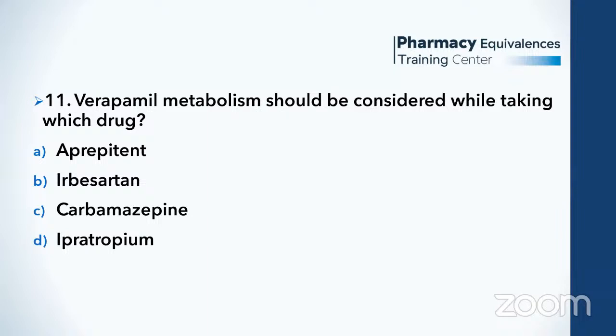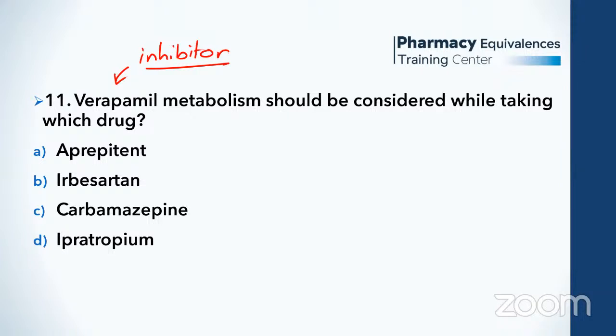The last question in our revision today. Verapamil metabolism should be considered while taking which drug? Okay. Verapamil, is it an inducer or inhibitor? It is an inhibitor to cytochrome 3A4, so it will cause an interaction with a substrate of cytochrome 3A4.